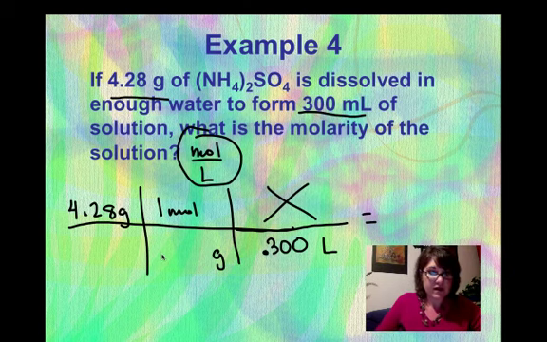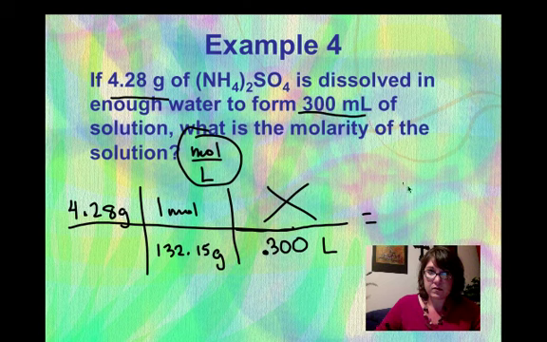Okay, so the molar mass of ammonium sulfate is 132.15 grams. Okay, looks good. Let's put it in our T table, crank it through the math, get your calculator out.